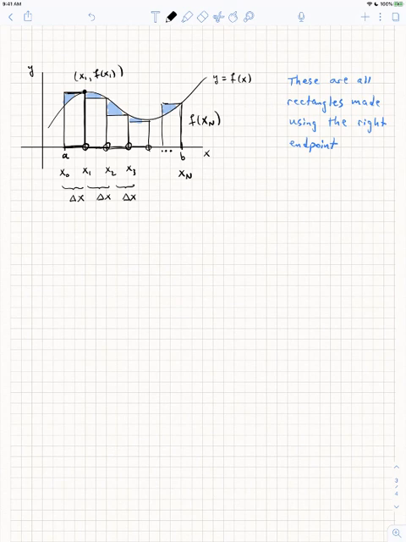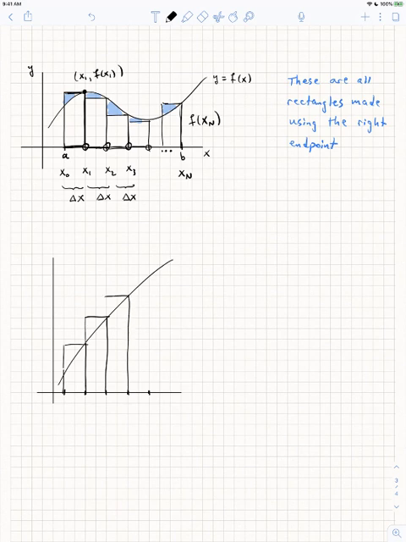So if I have a curve which is always increasing, like this one, and I divide this interval up into a bunch of subintervals, you can see that the right endpoint is always going to give you something which is too big, like so.